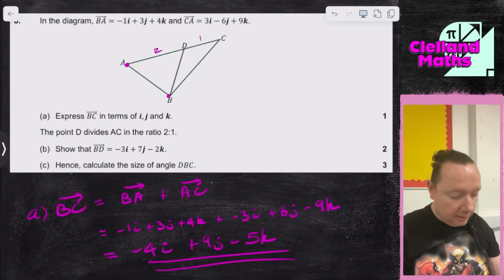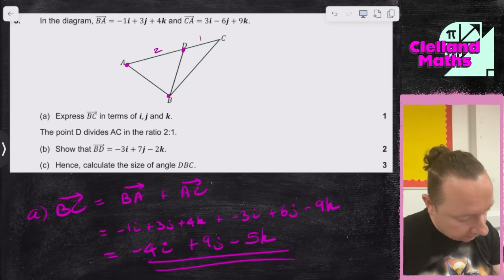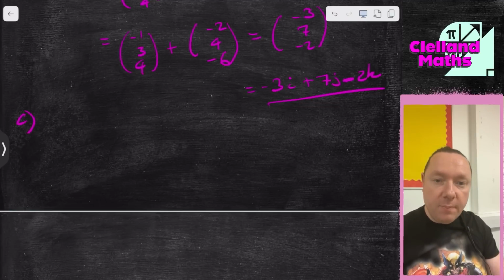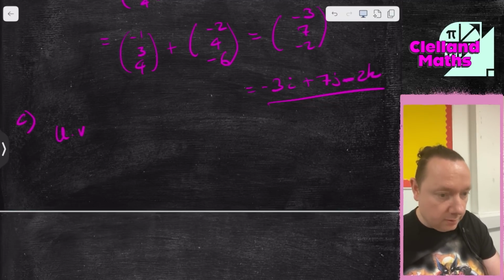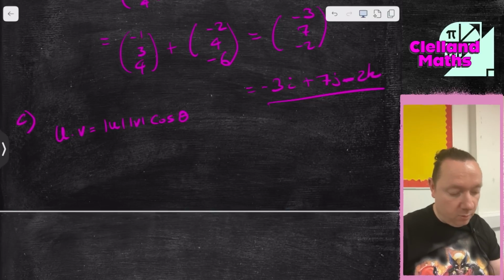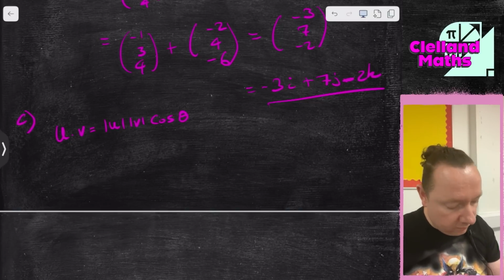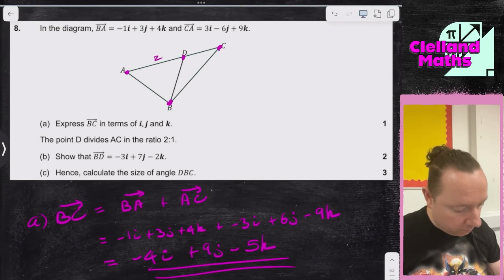Question C. Calculate the size of angle DBC. Well, where's DBC? D to B to C. So start of the exam paper says that U dot V equals the size of U times the size of V times cos theta. Or A dot B or whatever letters it is. So we've got B to D. And have we got B to C?